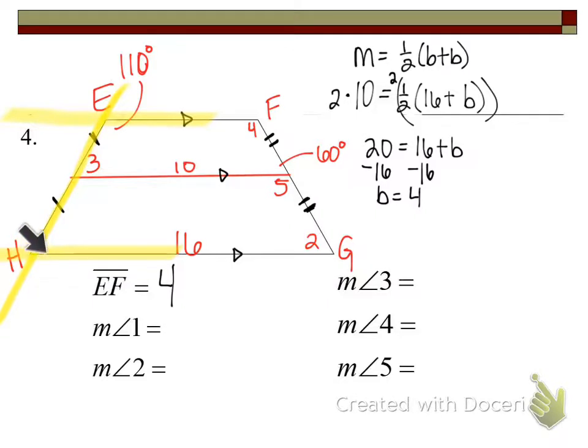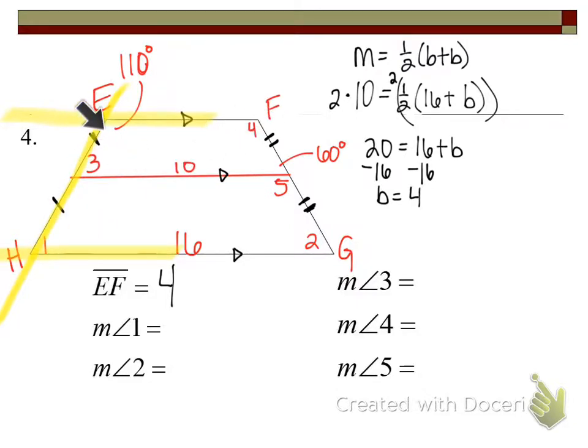Angle 1 down at the bottom and the 110 degrees are still considered consecutive interior angles. Can we see it? If you ignore everything else, those two are on parallel lines. They're consecutive interior angles, so they do need to add up to what? 180. That does not mean that we could mix and match angle 1 with angle 4.